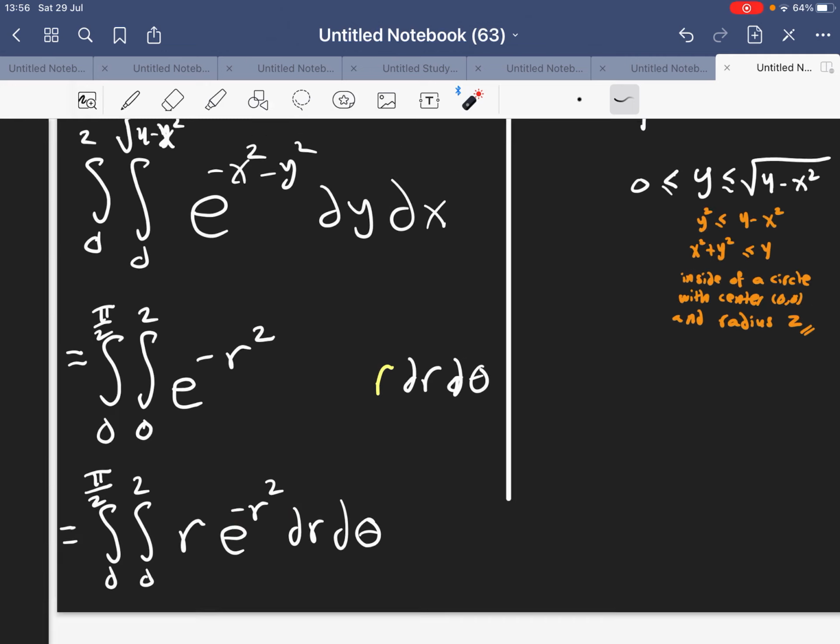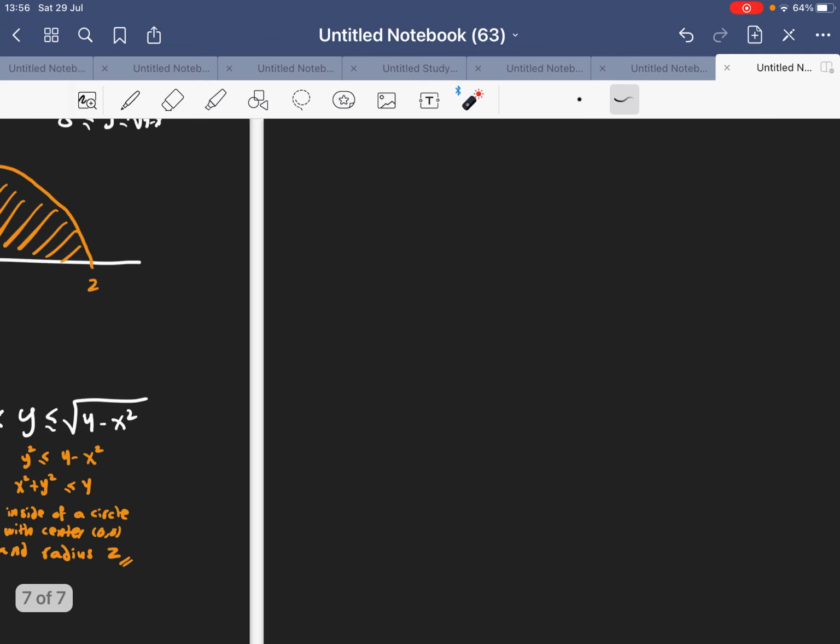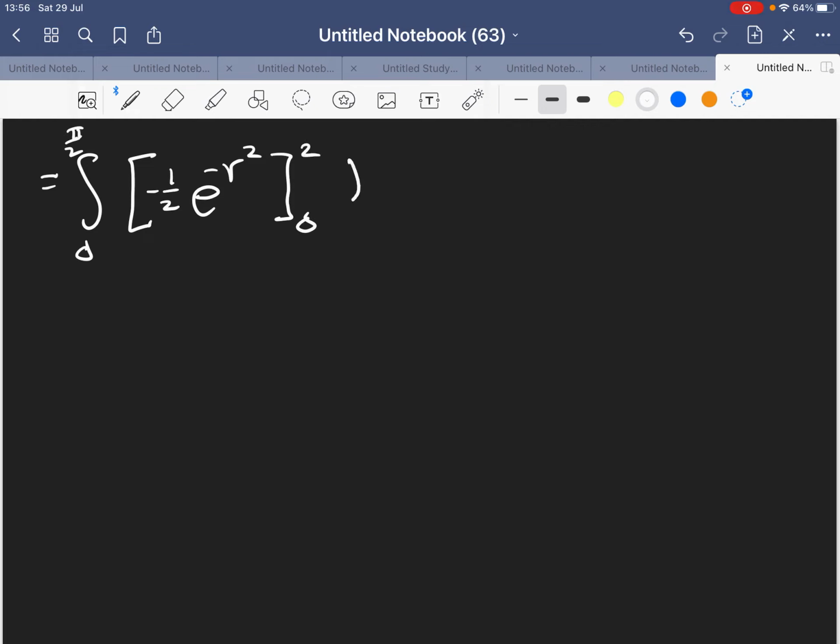So it's an easy substitution question that we can do here. So the answer will be, if we do the integration, the integral from 0 to pi over 2 of e to the minus r squared divided by negative half, and this should be from 0 to 2, d theta.